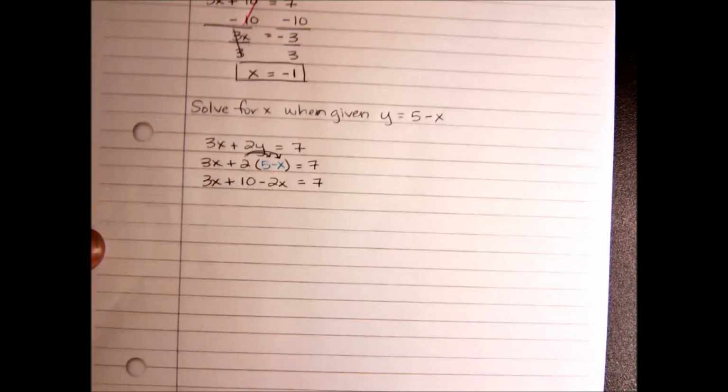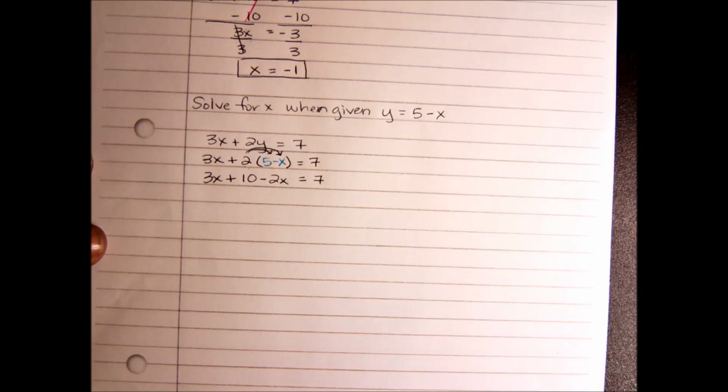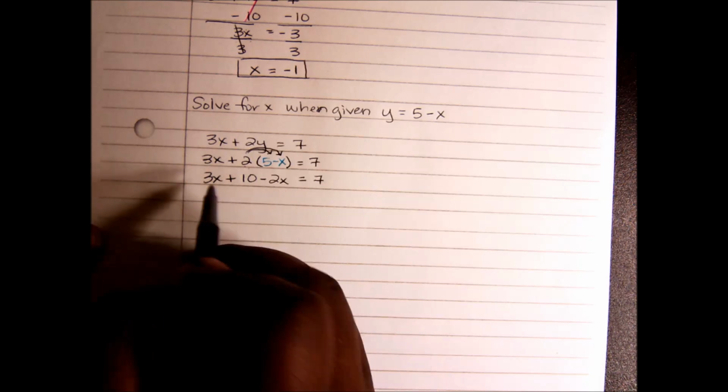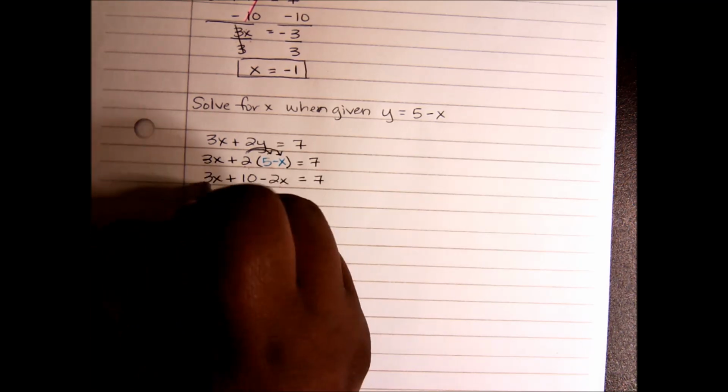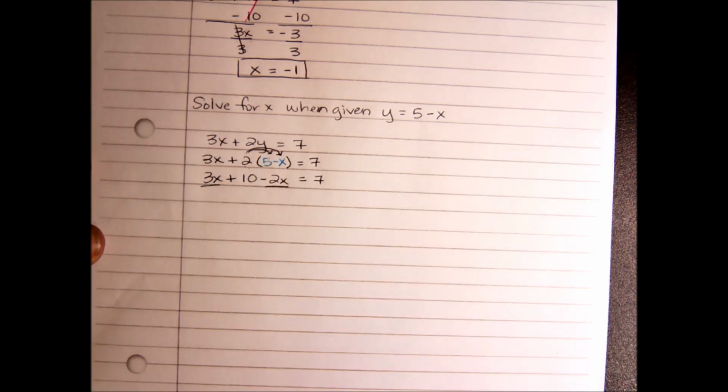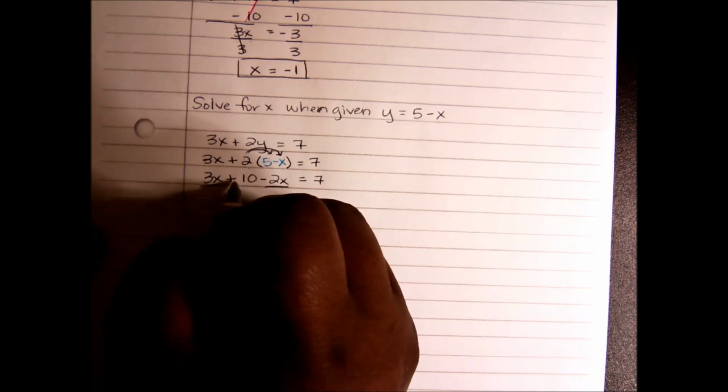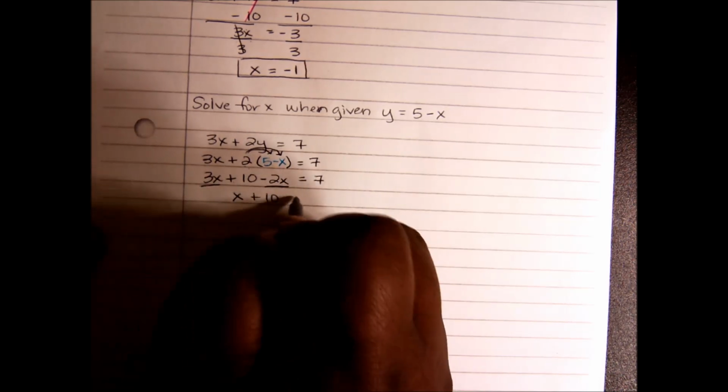Continuing to simplify. Now before we can solve, we must simplify each side of the equation. Here, if you take a look, we have like terms. So we need to begin by combining our like terms. 3x minus 2x is x, and then plus 10 is equal to 7.